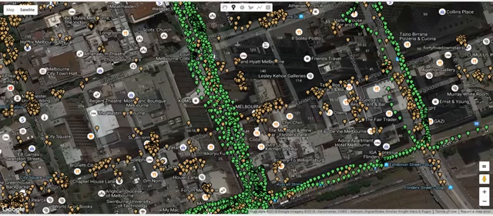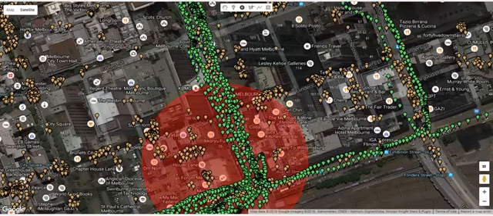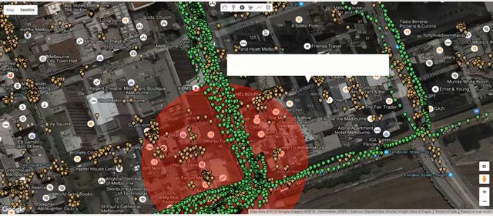Again we can draw a circle to find what's happening in a location, or we can select a polygon or draw a shape.